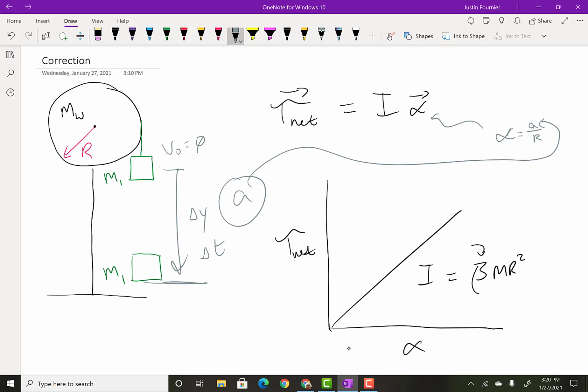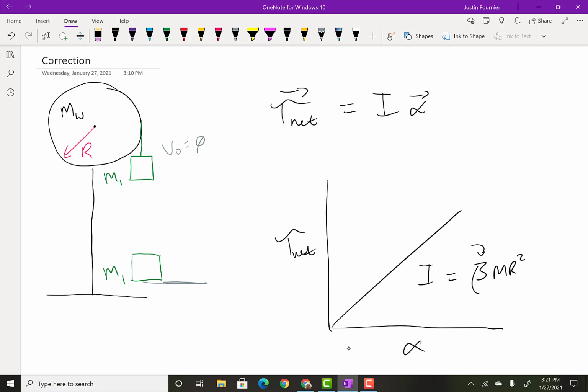So let me get into where this would be okay. So here's where this would be okay to do. Now let's draw out a free body diagram, or a force diagram, similar to what we did in class.